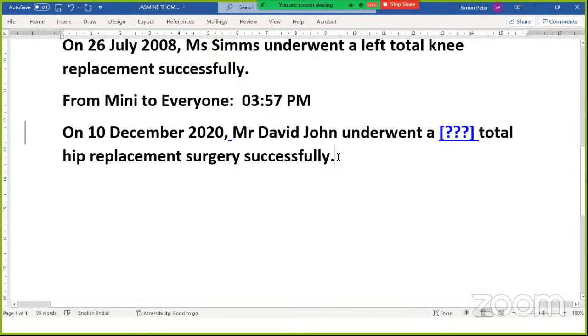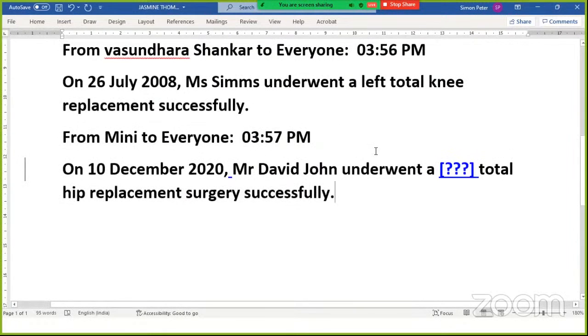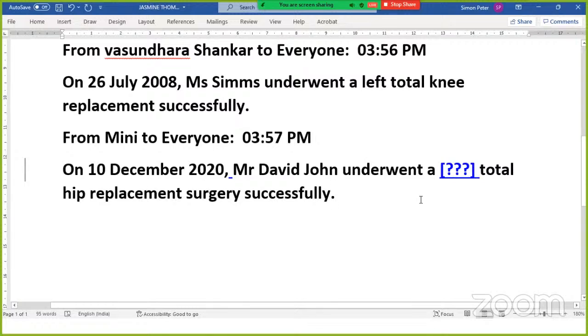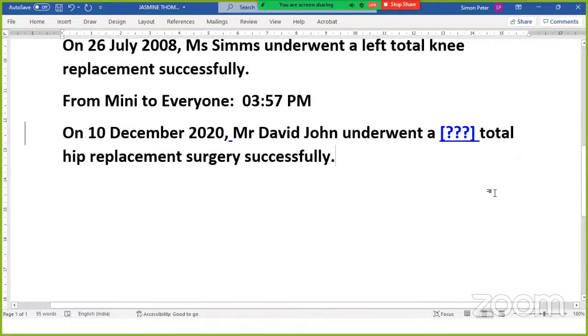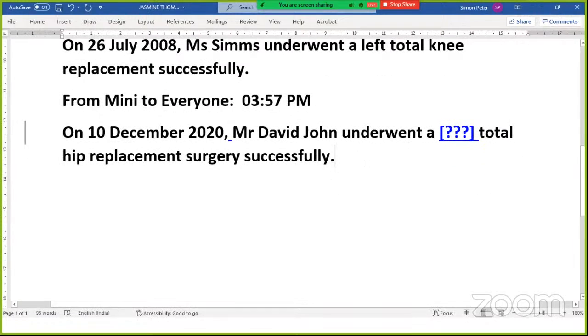So you check it out. I'm not giving you any idea. You have to check it out yourself. If a human being has only one hip, then just leave it like that. If there are two, that means which hip, left or right? Okay, right.